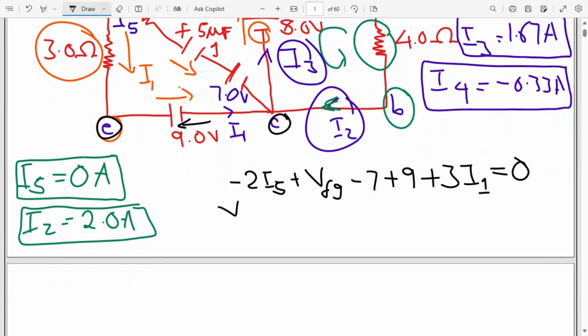We'll have our V on the capacitor being equal to 2I5, which is basically 0 since I5 is 0. So I have -7 plus 9, which is going to give me 2, plus 3I1. And I1 is negative 0.33.